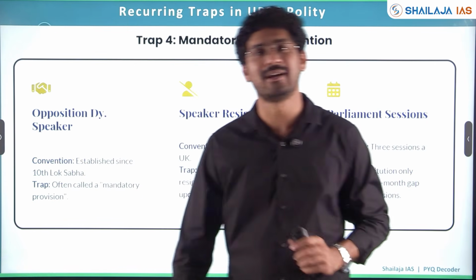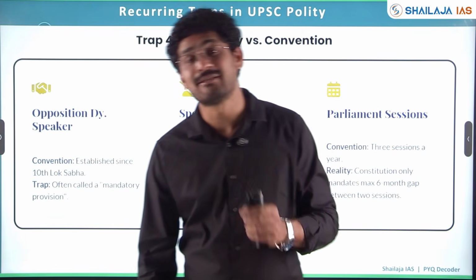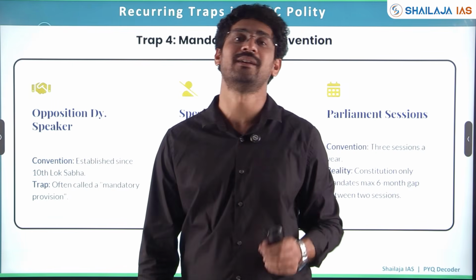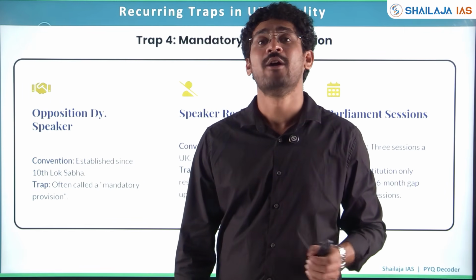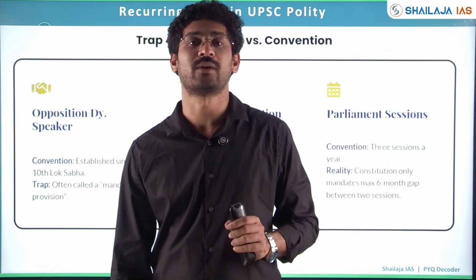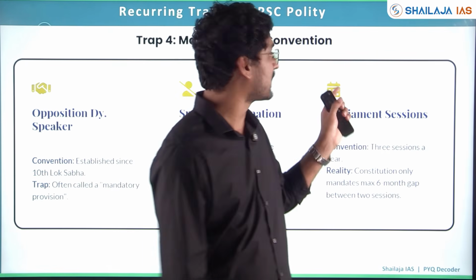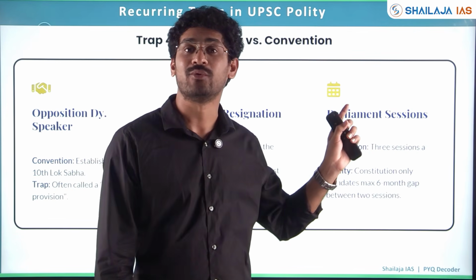You should be able to understand what is a convention, what is mandatory, and which are the provisions specifically mentioned in the constitution. For example, the governor can decide upon the subject where he can act on his own discretion. It is mentioned under the article on the governor in the constitution. Okay, this is a 2025 question.